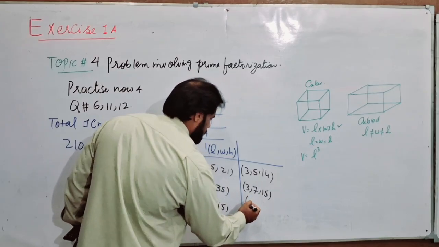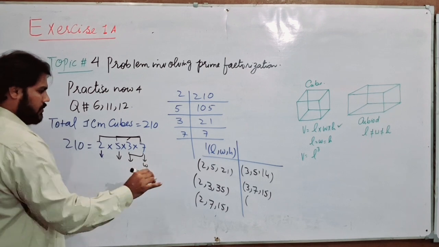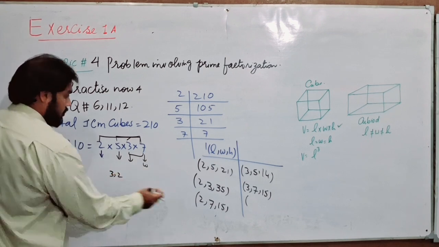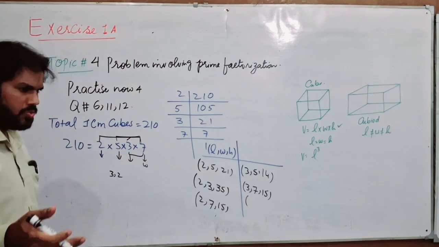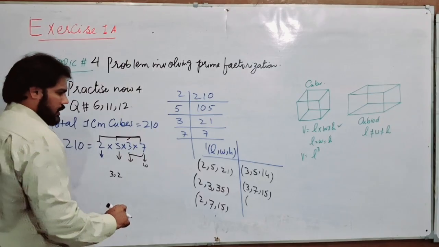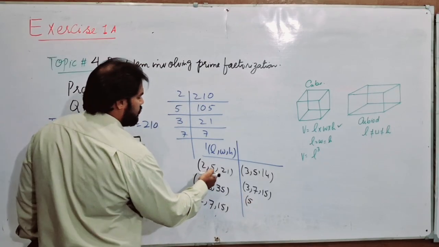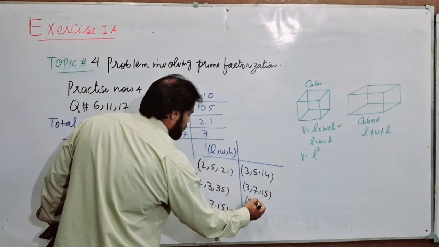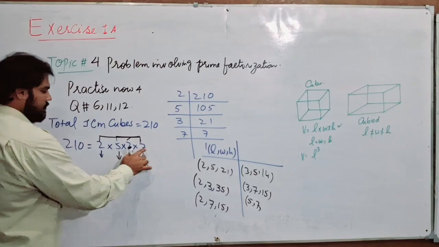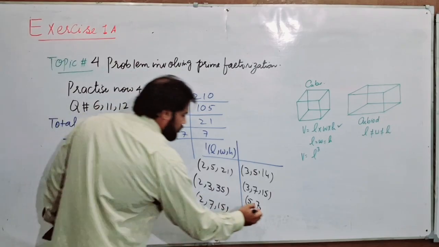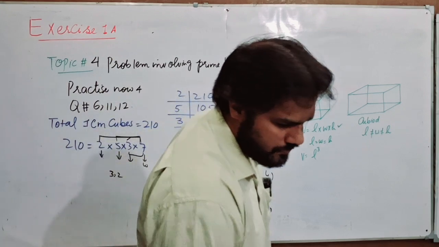Now from 3 it is complete; we cannot take 3 and 2, because this pair we have already written, 2 and 3 or 3 and 2 are the same. If now we start from 5, we cannot take 5 and 2, so if we take 5 and 7, this is the last pair. Length 5, width 7, height will be 6. So these are the possible 6 cuboids that Ali can make.